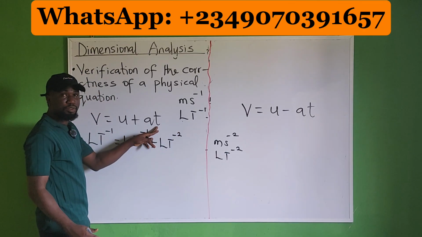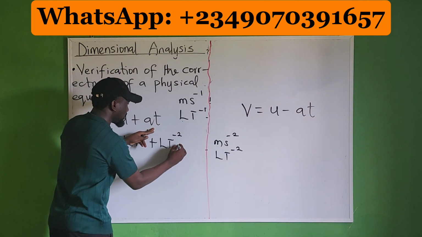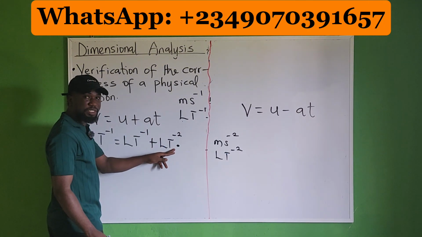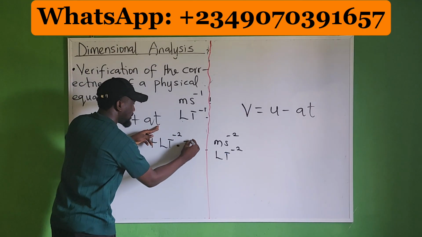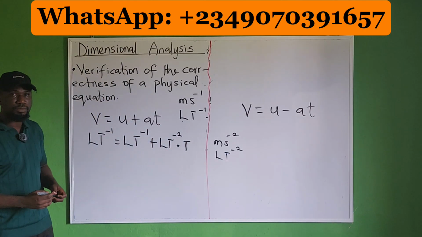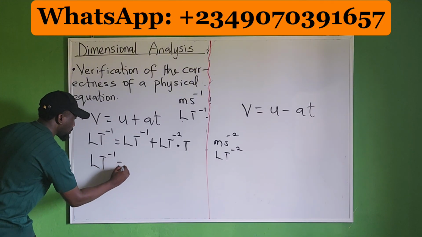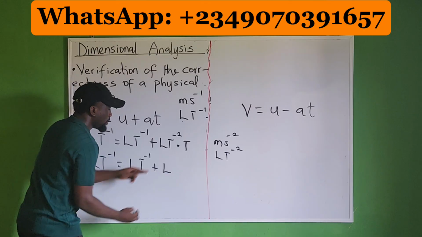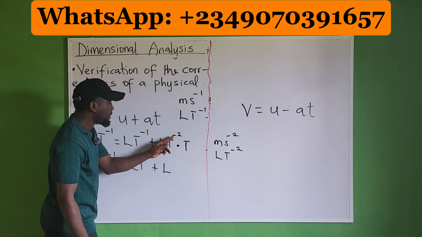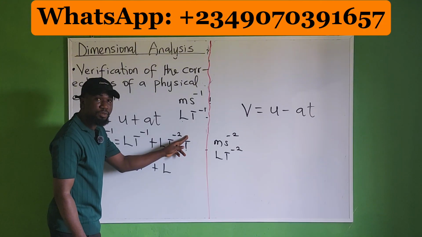Now, this t is multiplied by a. So multiplied by, this is not a decimal point, this means multiplication. So this is time, that's t. Do you understand? So we have LT raised to power minus 1 equals LT raised to power minus 1 plus L. So if I multiply T raised to power minus 2 by T raised to power 1, what am I going to have?